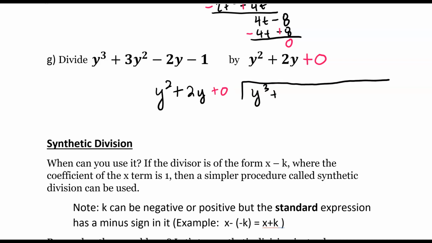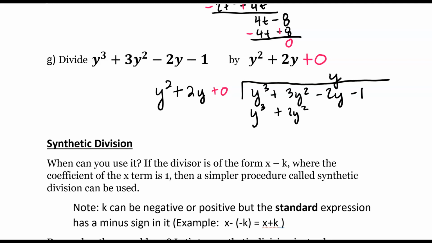We have everything we need in the dividend. So y squared times what is y cubed? Y. So y times y squared plus 2y plus 0 is y cubed plus 2y squared.